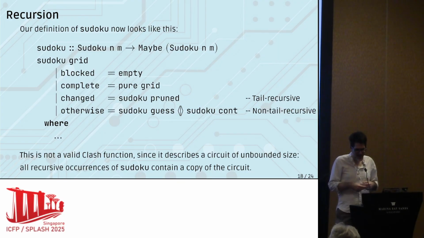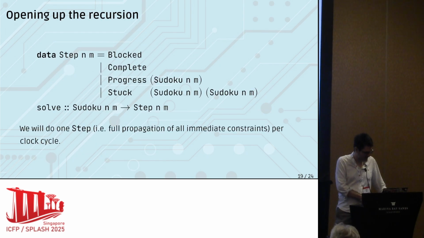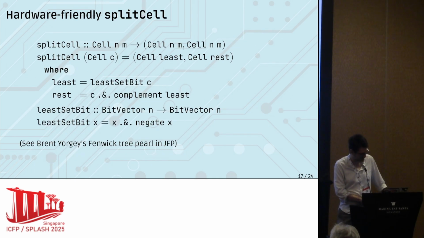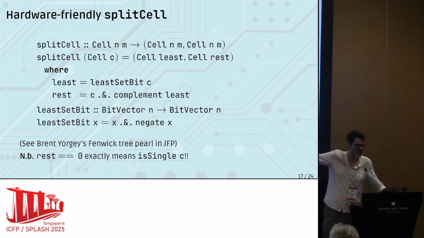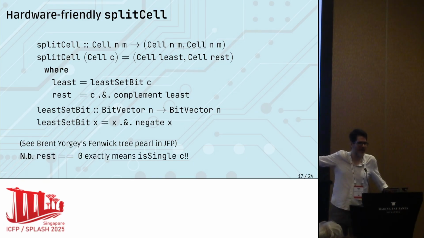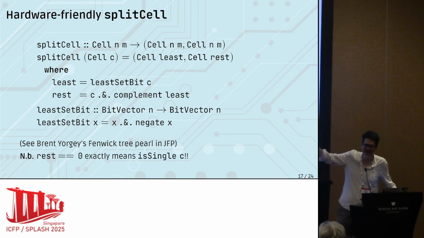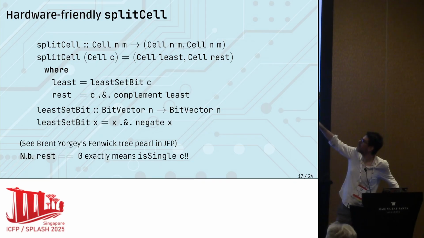The other situation is this: I said that we can just get it for almost free by comparing with 0. But if you think about what exactly is going on here, it means that for every cell, we're going to compute this split into 2 cells.